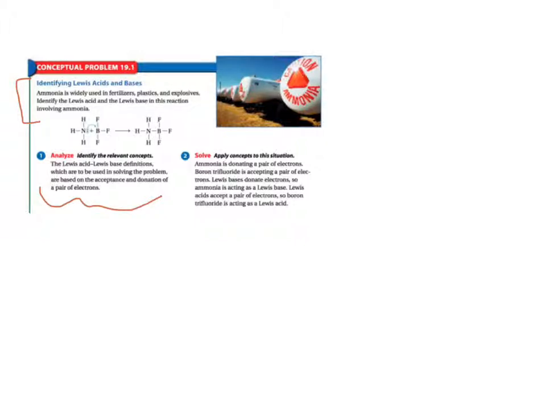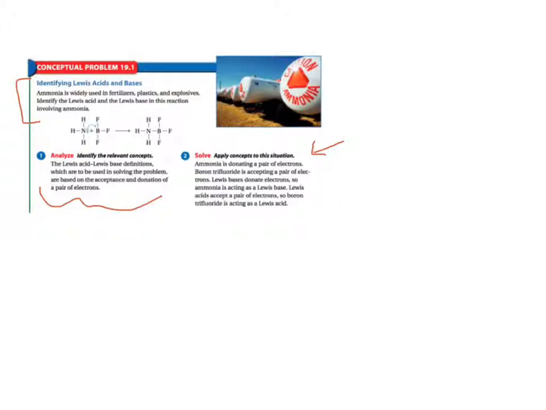Okay, and they talk about how to solve the problem here. It says ammonia is donating that pair of electrons, and you see this right over here in this example. Those electrons are being donated by that ammonia, so that follows along here with the definition. The boron trifluoride, this second substance over here, which is separate, is an electron pair acceptor.